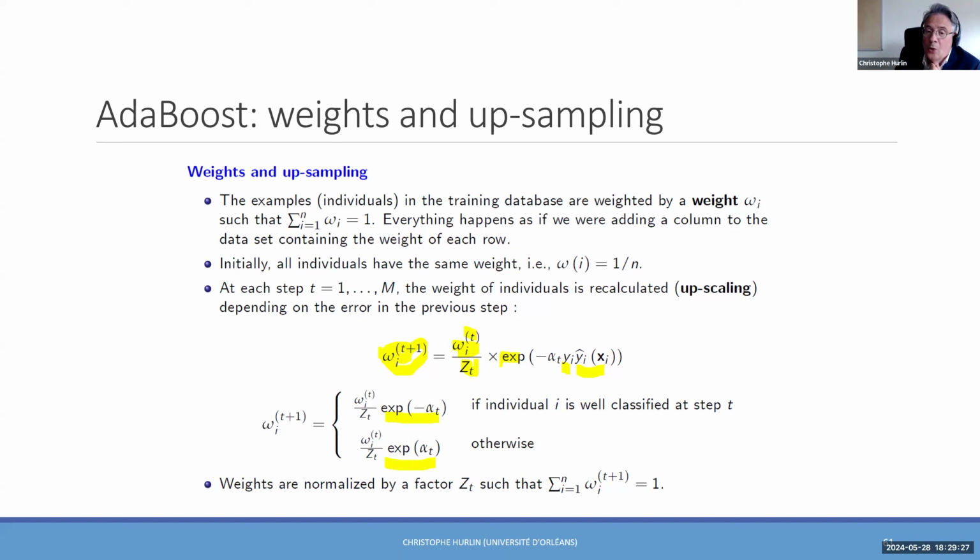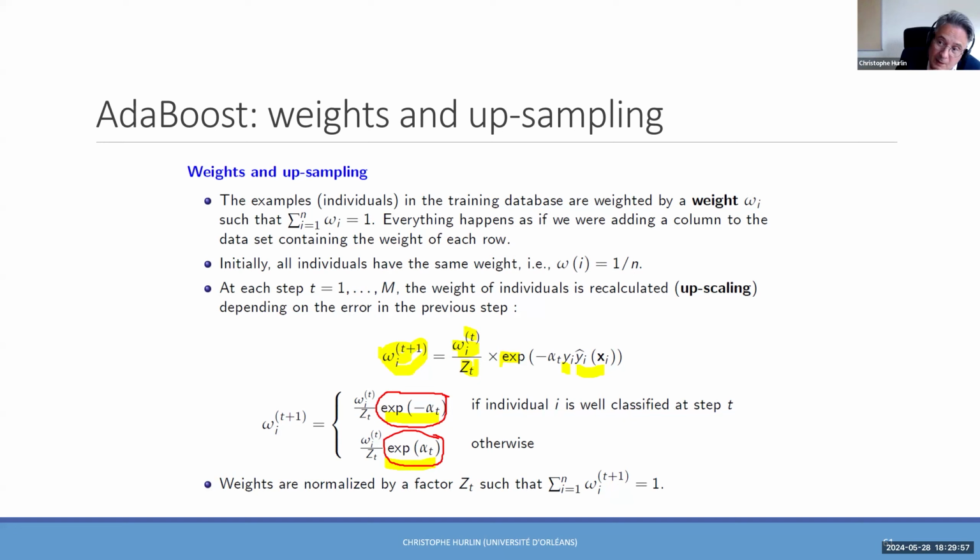So remember, the exponential is always positive, but if I have exponential of minus infinity, it tends to 0. On the contrary, exponential of a positive number is larger than exponential of minus this number.